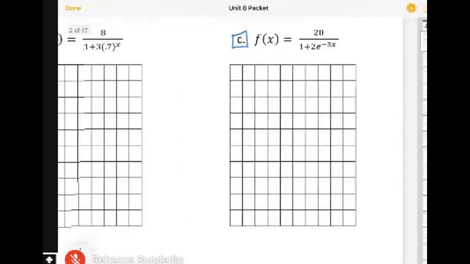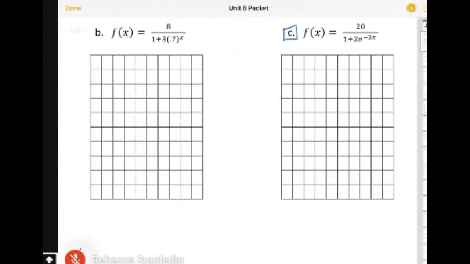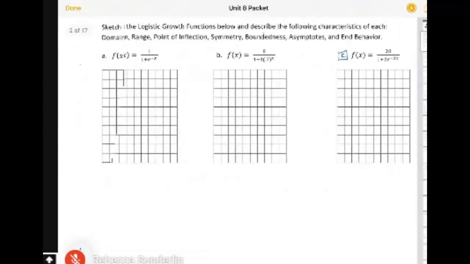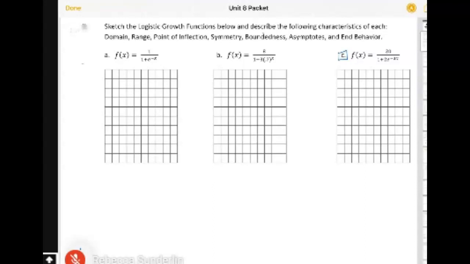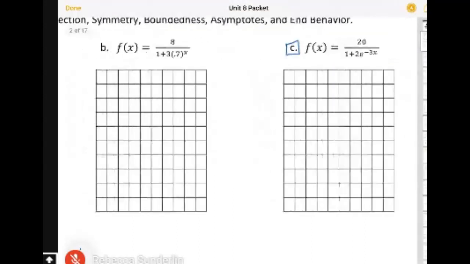So, first things first, or what would be easiest here, is to start drawing our asymptotes. Where is an easy peasy first asymptote to draw? 20, right? We know that that 20, that carrying capacity, determines our top asymptote. So I'm going to draw the x-axis, and I'm going to draw our asymptote of 20. So let's see.